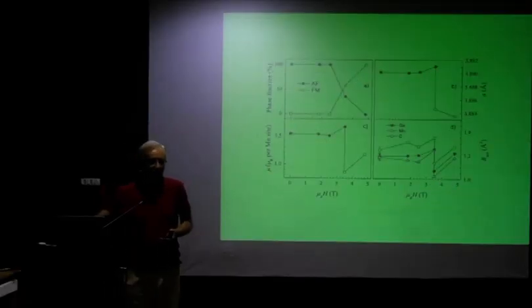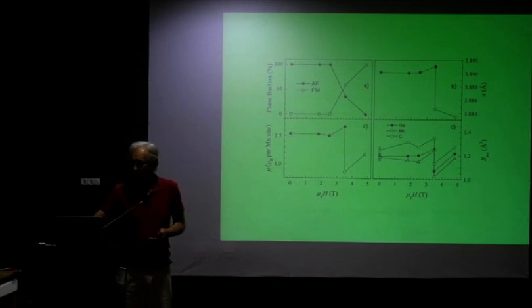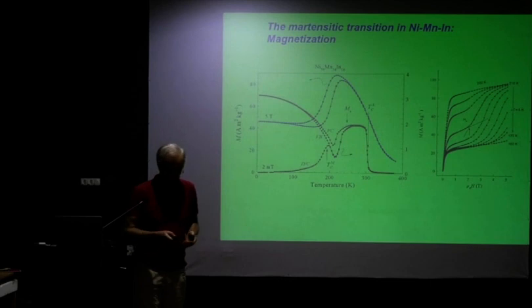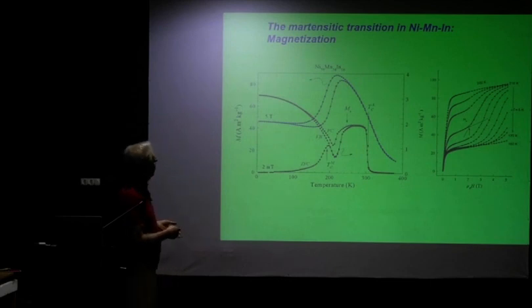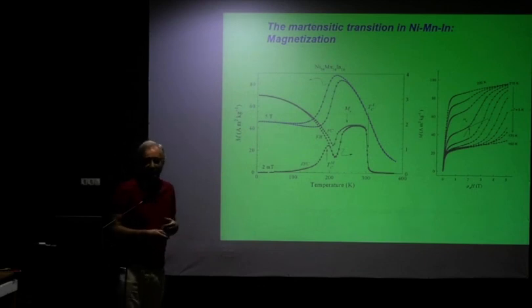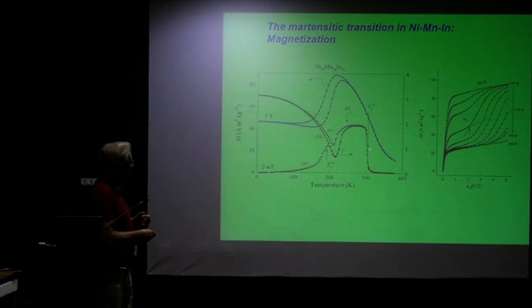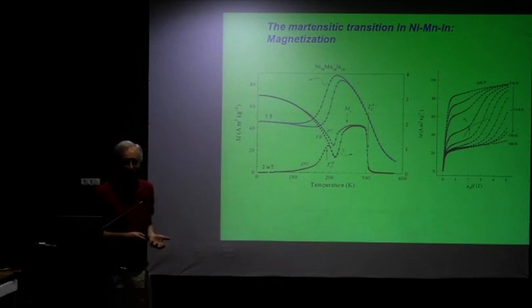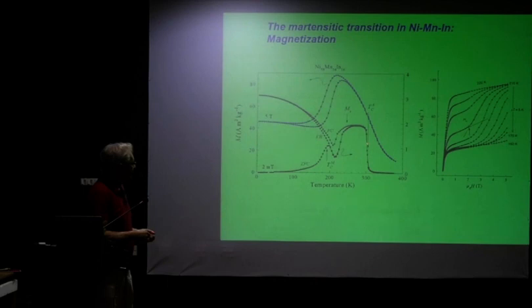Now we come to the same story where things are a little bit more complex. That's the case where we have our various Heuslers, where they go from a ferromagnetic state to a funny state. And we have to find out what this funny state is.